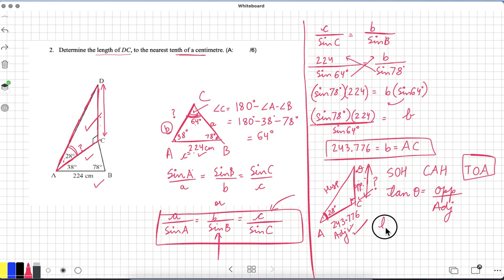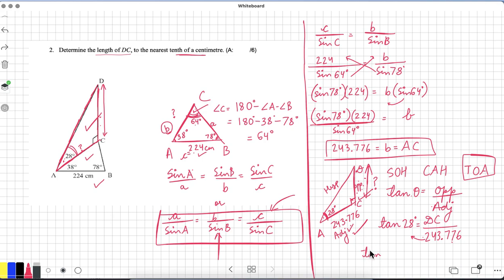We just need to plug in the values. Tan theta, the angle is 28 degrees, equals opposite over adjacent. Opposite is DC over the adjacent, 243.776. Remember, this whole thing is in the denominator. If I move that to the other side, it's going to be multiplying.